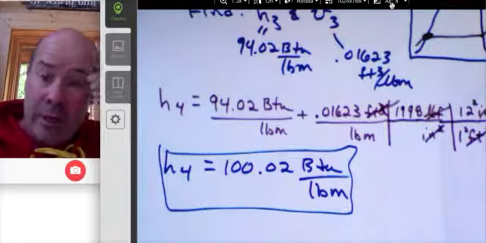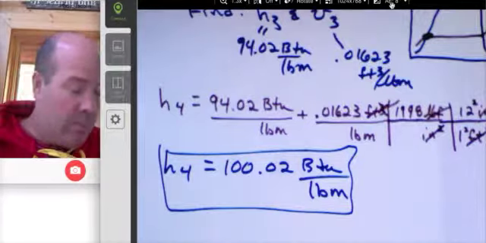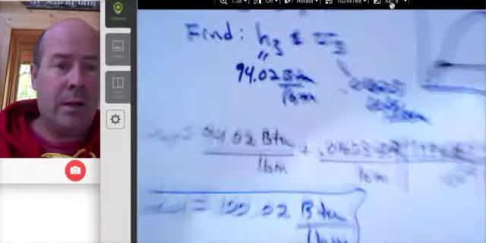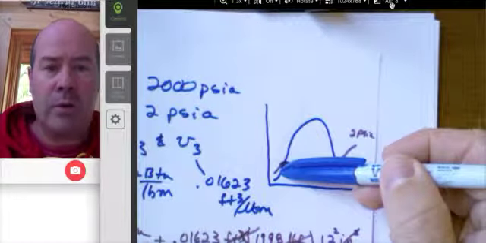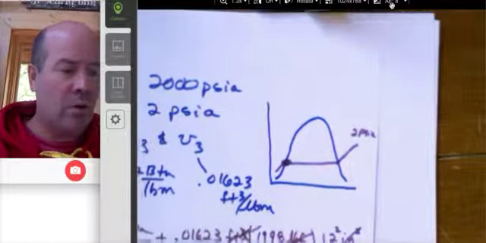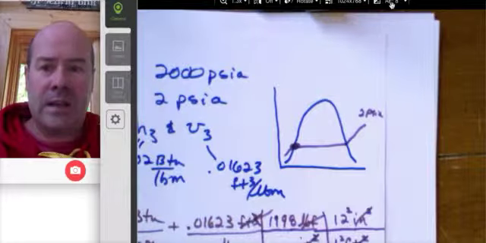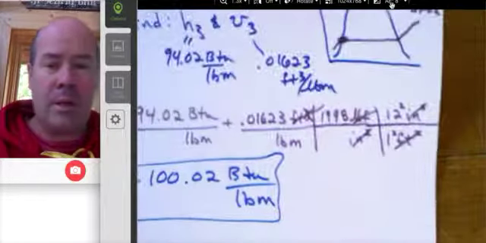That is how you find H4. We do not repeat the entropy process that we use to go from 1 to 2. That doesn't work down here. Instead, we use this process for finding the H after a pump.